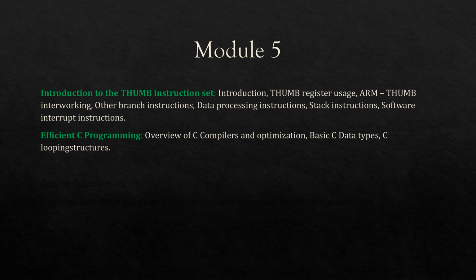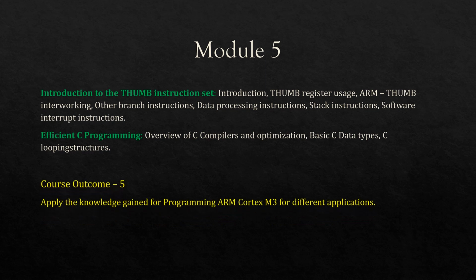The second part of Module 5 is efficient C programming, which will tell you about the overview of C compilers and optimization, the basic C data types and what do you mean by C looping structures. The course outcome of Module 5 is to apply the knowledge gained for programming ARM Cortex M3 for different applications.